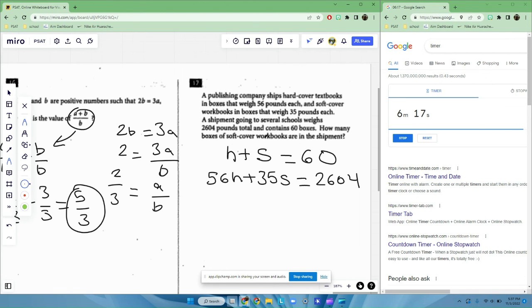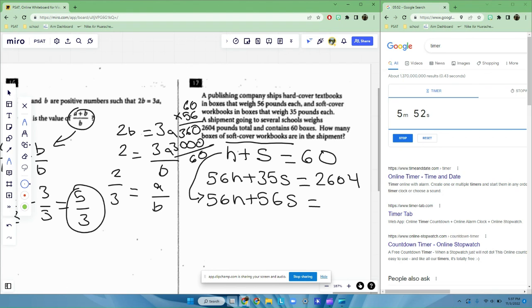Let's eliminate H because we need to know how many softcover workbooks. We're multiplying by 56 to get rid of H, so we get 56H plus 56S is equal to 60 times 56. That is equal to 360, I mean 3,360. Now we're subtracting to get rid of the H terms.